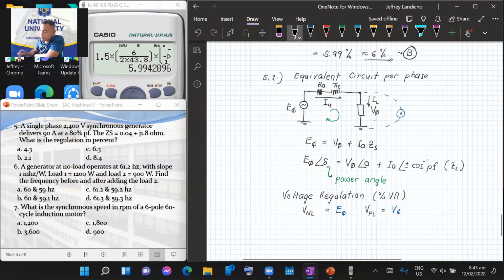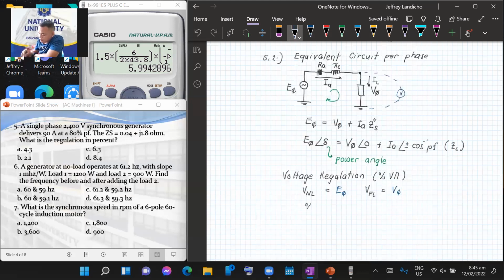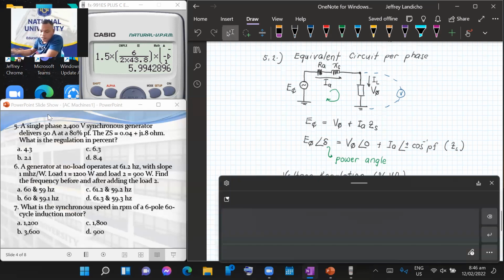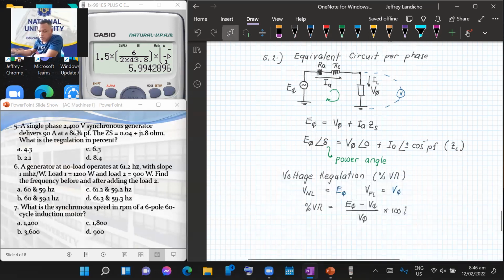So for your alternator, the percent voltage regulation should be equal to E per phase minus V per phase over V per phase multiplied by 100%. Okay, got it? In that case, we will have no problem. Since our alternator is single phase, we are automatically on a per phase basis. Now, a voltage is given. So which one is this?